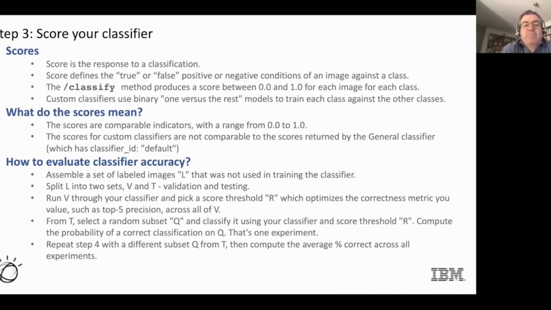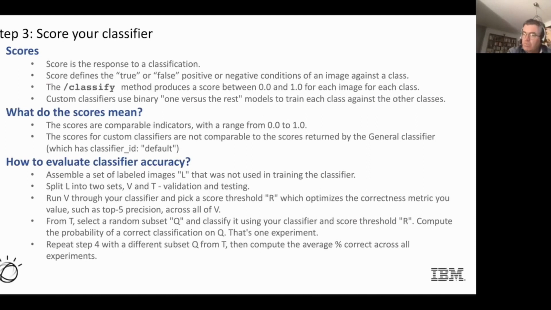So the classify method, that's the API version 3 method, produces a score between 0 and 1 for each image for each class. So it's not, it looks like a pear, and it's definitely a pear, not an orange. It will have some similarity as well for bananas and for pears and for apples. Custom classifiers use binary one versus the rest models to train each class against the other classes.